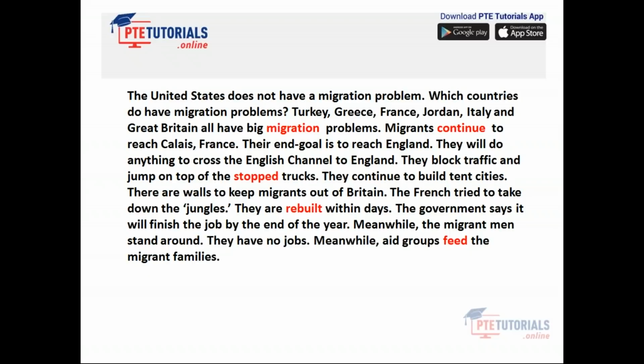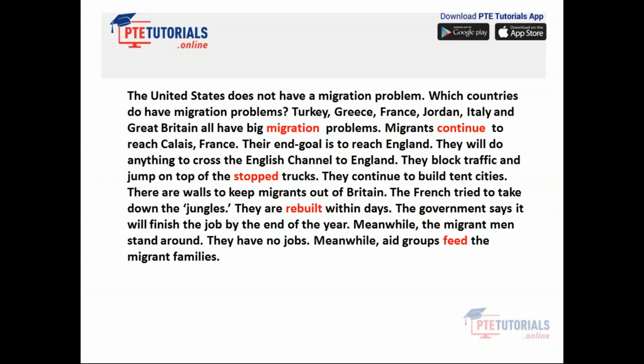And then on top of the stopped trucks, I can write only stopped, not at the other blanks. They are rebuilt within days. Because here you're talking about walls to keep migrants out of Britain. Wall means it is related to building. It is related to building a wall. This is the collocation again. So they are rebuilt within days.